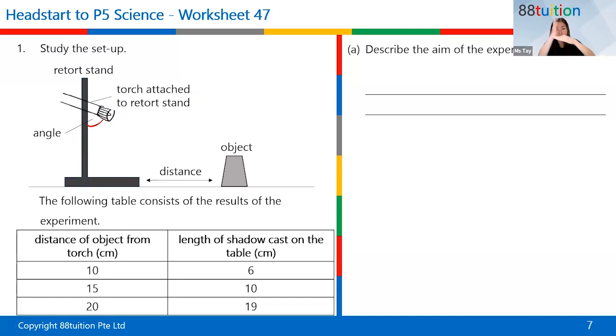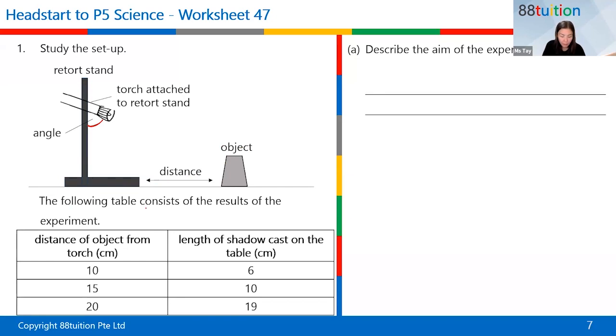If this is the retort stand and I have the torch, it's bent downwards. Can you see that it's actually bent downwards this way? And when the torch is switched on, the light will be shining on the object. So take note, there's a distance between the object and the retort stand also.